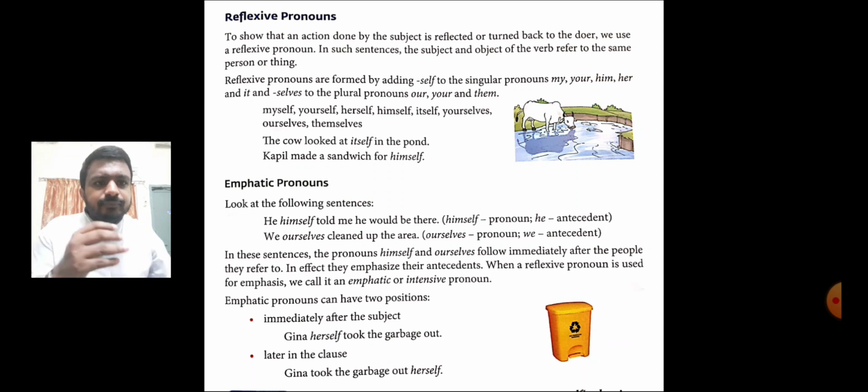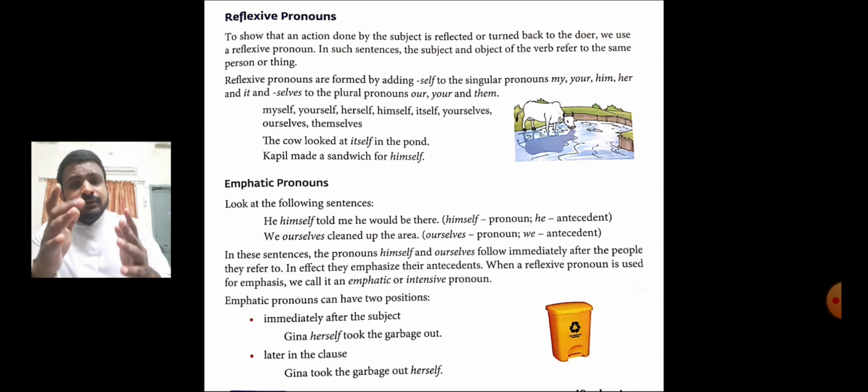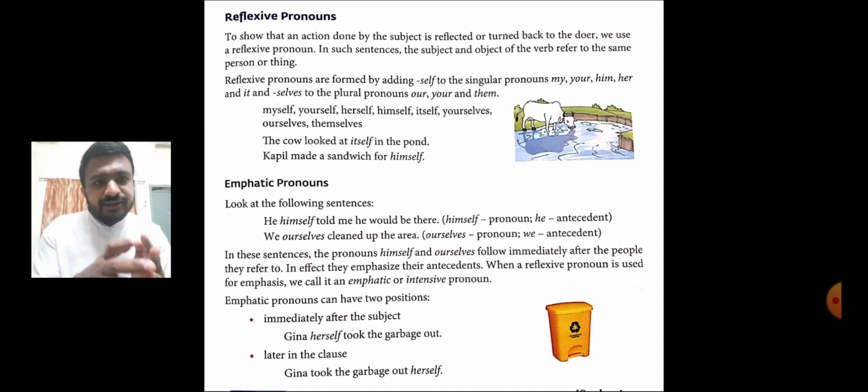Now, these things also can be used as emphatic pronouns. Look at the examples there. He himself told me he would be here. Or we ourselves cleaned up the area. There, now you need to look at the antecedents.